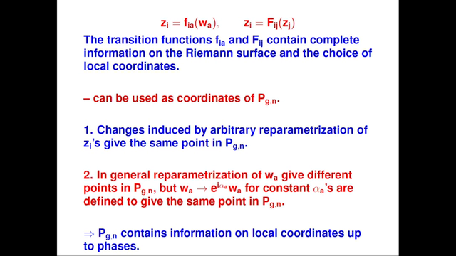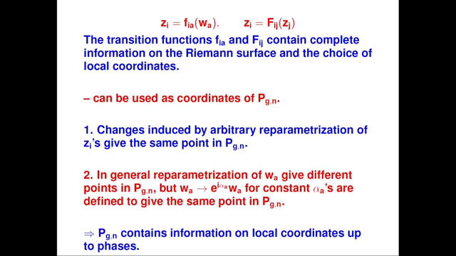Clearly, this gives the same point in P_{g,n}, because we are not changing the choice of local coordinates, since local coordinates are encoded in the W's, and neither are we changing the Riemann surface. It is just a different way of coordinatizing the same Riemann surface. Nevertheless, these changes will change our transition functions, both the small f and capital F's. So, those changes are in some sense trivial deformations of P_{g,n}. They are not really parameters of P_{g,n}; that is redundant information.